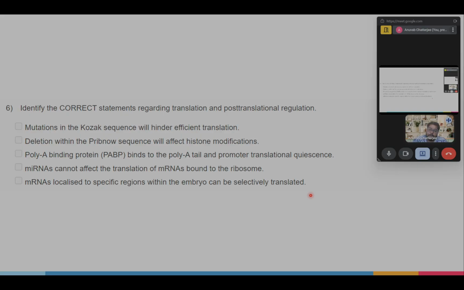Poly A binding protein PABP binds to poly A tail and promotes translation quiescence. microRNAs cannot affect the translation of mRNAs bound to the ribosome. mRNAs localized to specific regions within the embryo can be selectively translated. Okay, so I will give you a minute to try and answer this and decide which is the correct option.